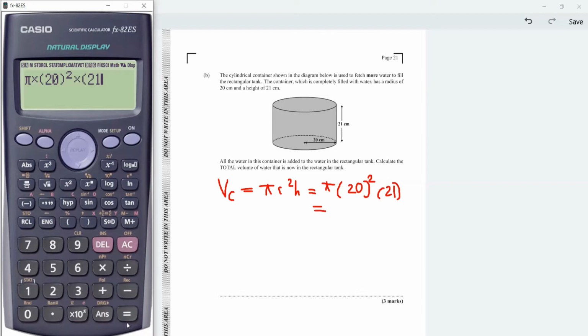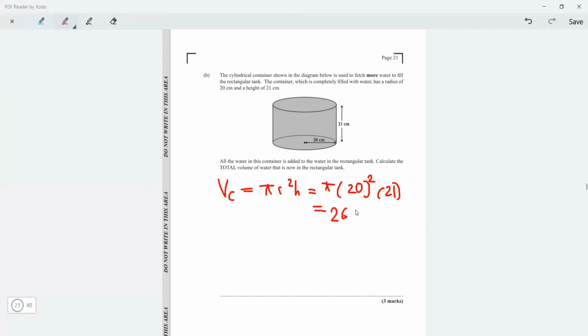We put that in the calculator and we end up getting 8,400 pi. I don't want that, I want it like this. That's 26389.4. That's the amount of water that the cylinder can hold.